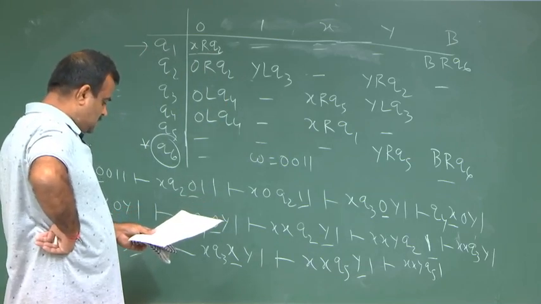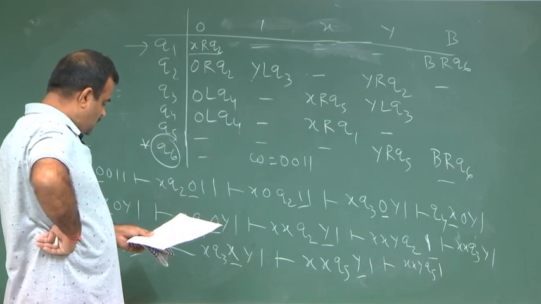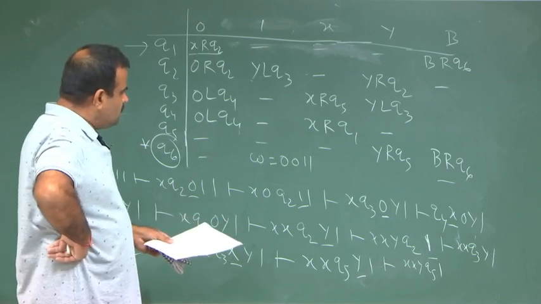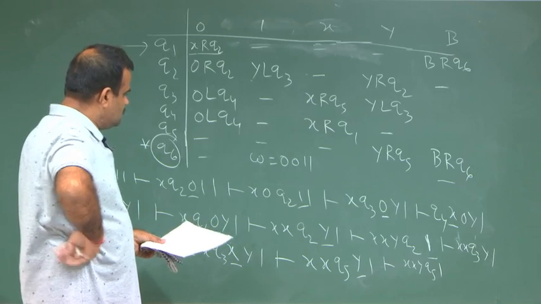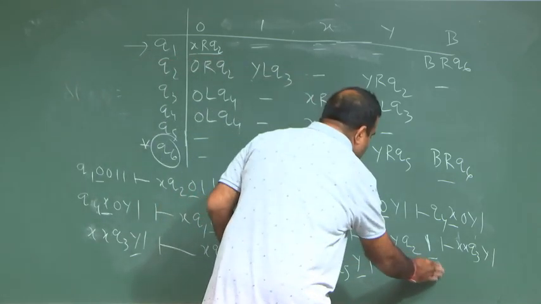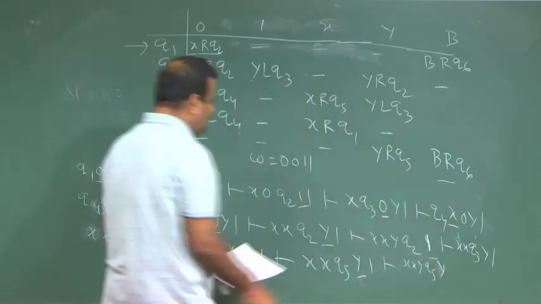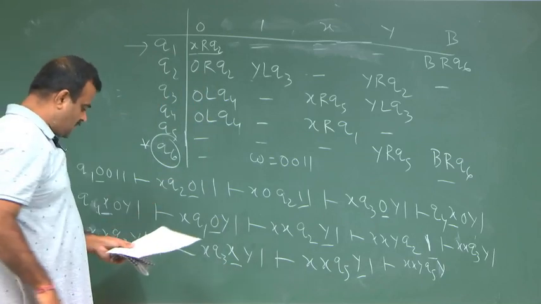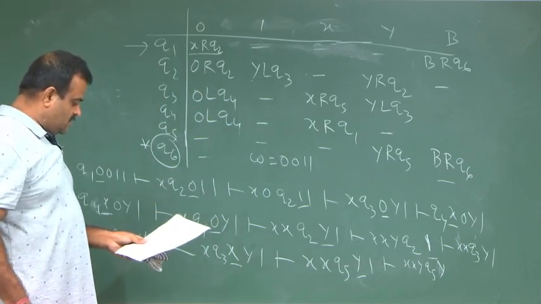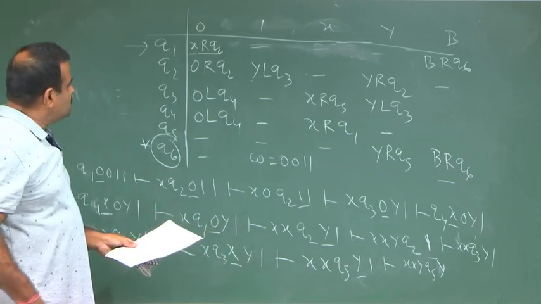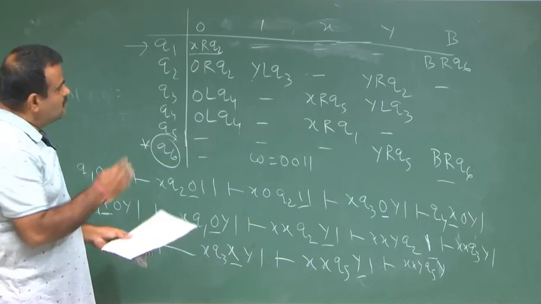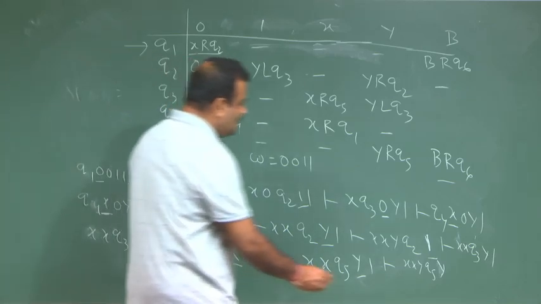sorry, x x q5 y, no, this will be replaced by, somewhere we missed this, this will be replaced by y. At some state we made some mistake. So you can verify at home, this will be replaced by y. Once this is replaced by y, then again we will go to the right and we will see a blank there.